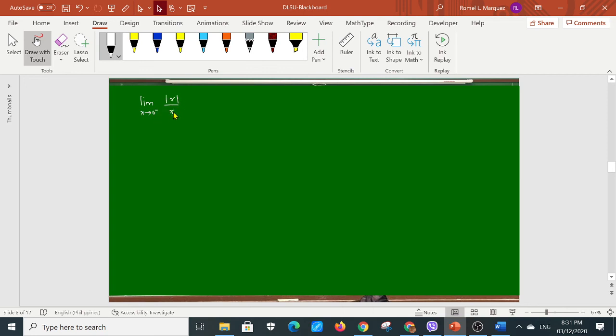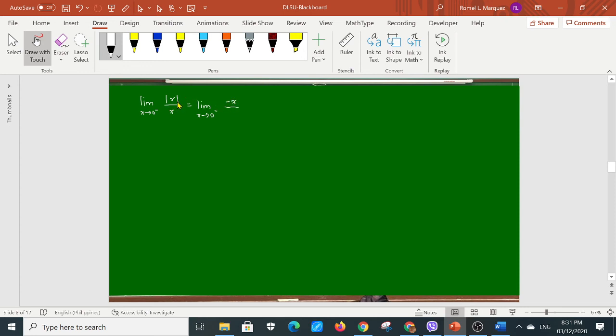Okay? What about the limit as x approaches 0 from the left of absolute value of x over x? Remember this is 0 over 0. So from the left, how can I simplify this? The absolute value of x is negative x, why?